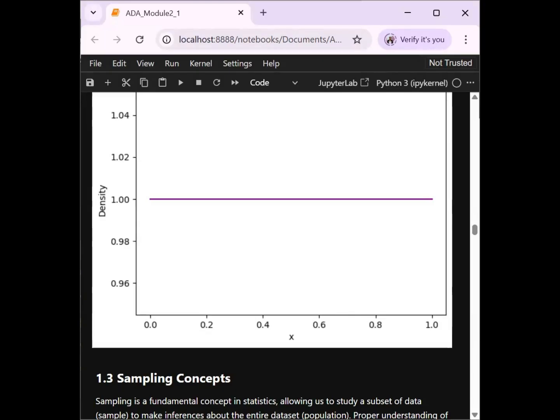Let me look for an example. I don't have any example here on that.